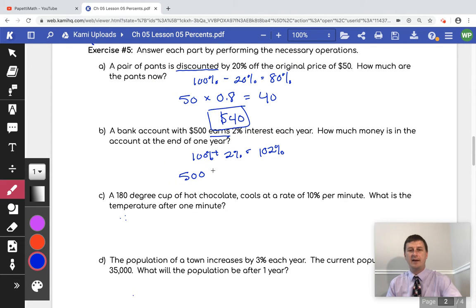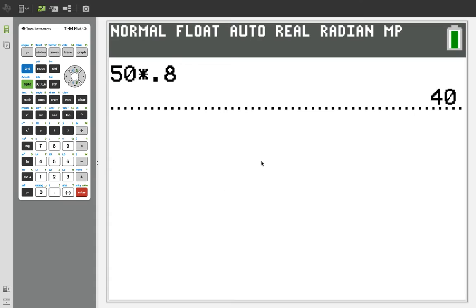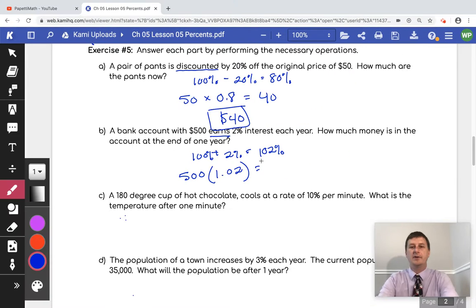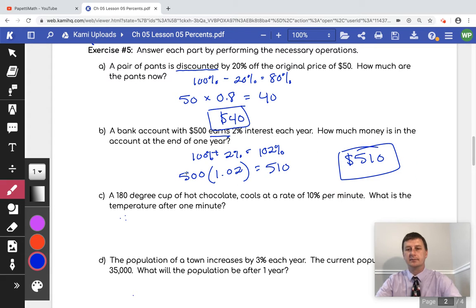If we multiply 500 times 1.02, we're going to get how much money is in the account after 1 year. So let's do 500 times 1.02. We'll get $510 in the account at the end of 1 year.